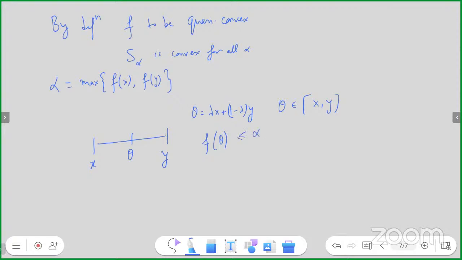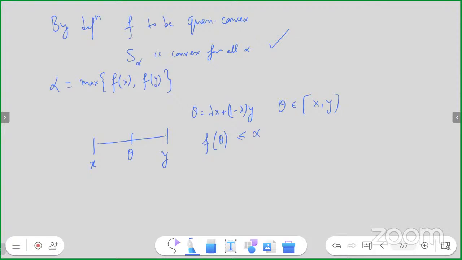Everybody fine? If not clear, ask me. This is the definition we have, and that's all we really have. Since this is true for all alpha, I'm just picking one particular value of alpha. At that value, theta belongs to the level set, so f of theta must be less than or equal to alpha, which is the value I want to prove.